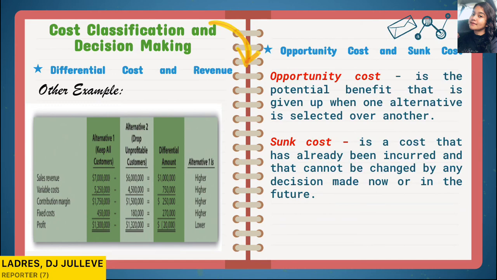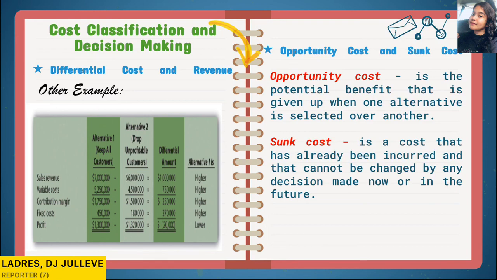For purposes of making decisions, the concepts of differential cost and revenue, opportunity cost, and sunk cost are vitally important. Differential cost and revenues are the cost and revenues that differ between alternatives.